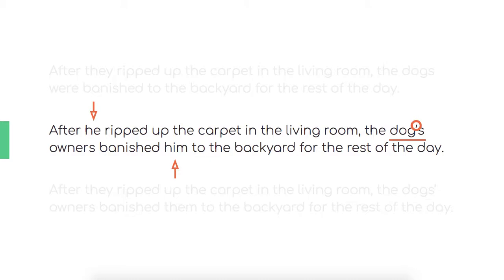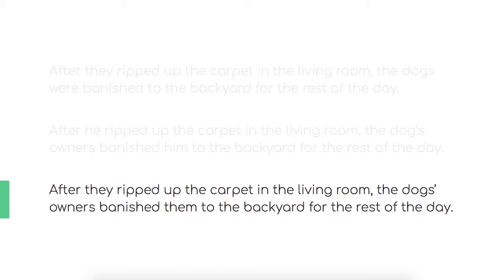It's kind of like owner inception, right? But this dog has some sort of possession tying him to his owners. We would say his owners. He's attached to them. For that reason, dog's needs to be possessive, and to do that, we'd use the apostrophe S.